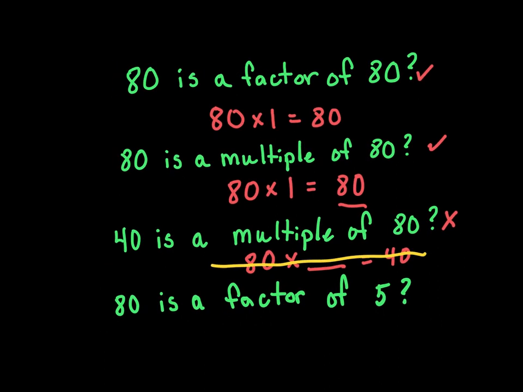So that means I'm going to go 80 times another number gives me 5. Factors are numbers you multiply together to get a product. So that means 80 times another number gives me 5. No, it doesn't. That's incorrect. So this is not correct. 40 is not a multiple of 80, and 80 is not a factor of 5.